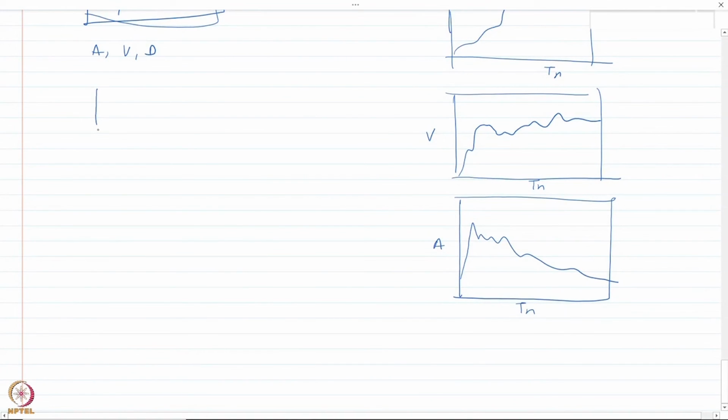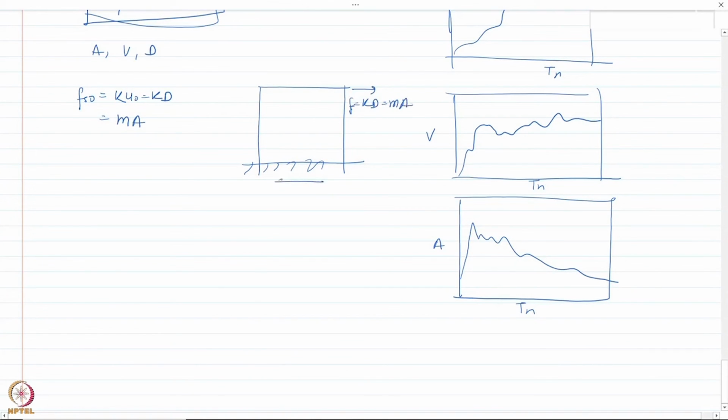So if I look at this here, remember, the peak response would be obtained subject to the equivalent static force, which is either k times u naught, or let us write this k times d, or I can also write this as mass times pseudo acceleration. So either k times d or mass times pseudo acceleration.